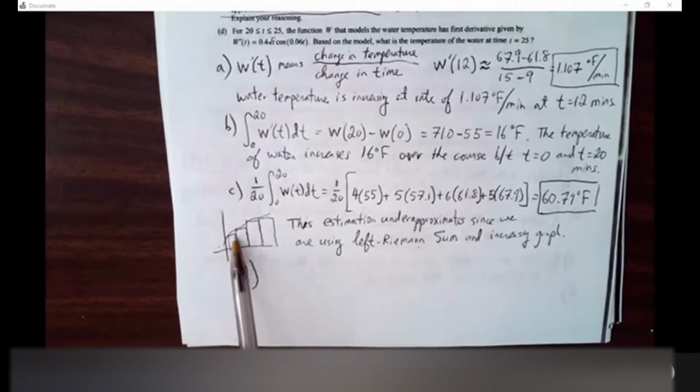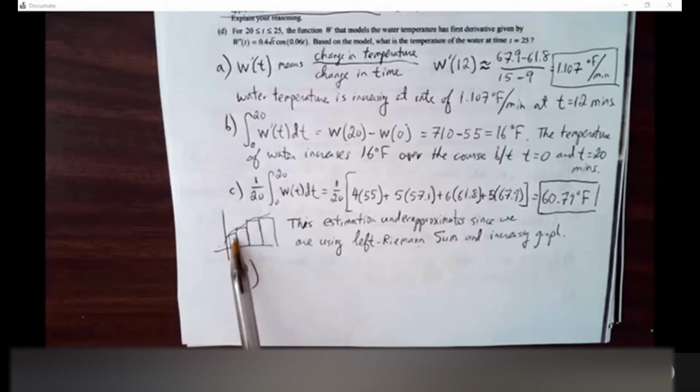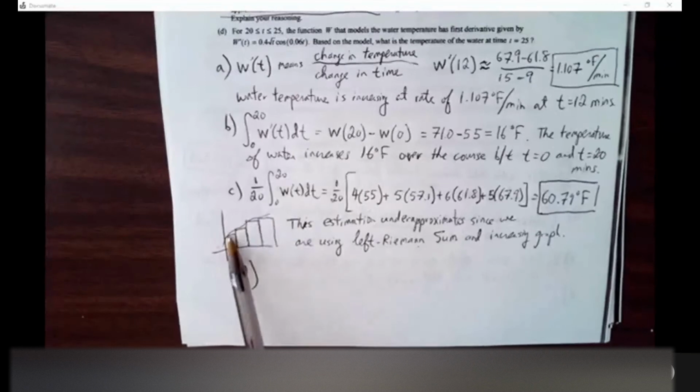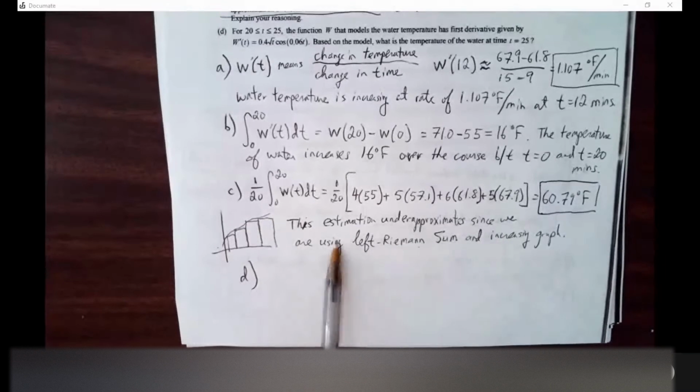And when you do that, you convince yourself that all these rectangles are going to sit nicely below the curve. They're inscribed rectangles, which means that the area of the rectangles is going to be less than the actual area because we see all these gaps below the curve. So this estimation will underapproximate since we're using a left Riemann sum and an increasing graph.